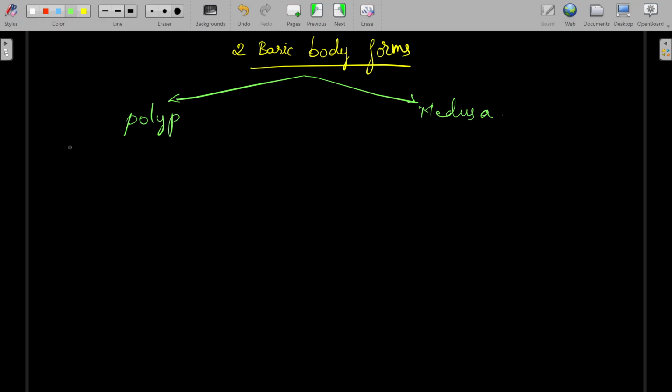Polyp is exhibited by Adamsia and hydra. So let's draw the hydra.